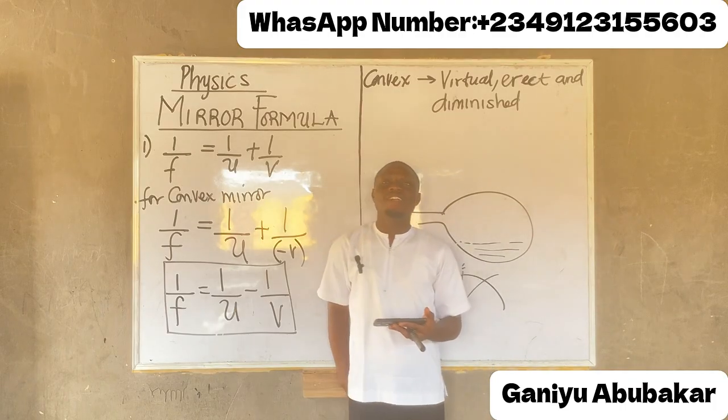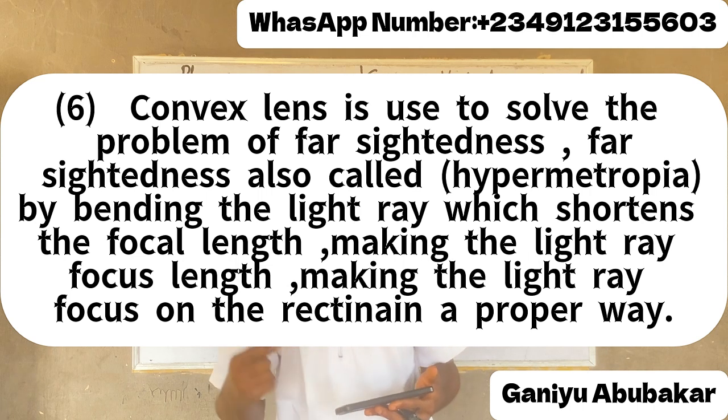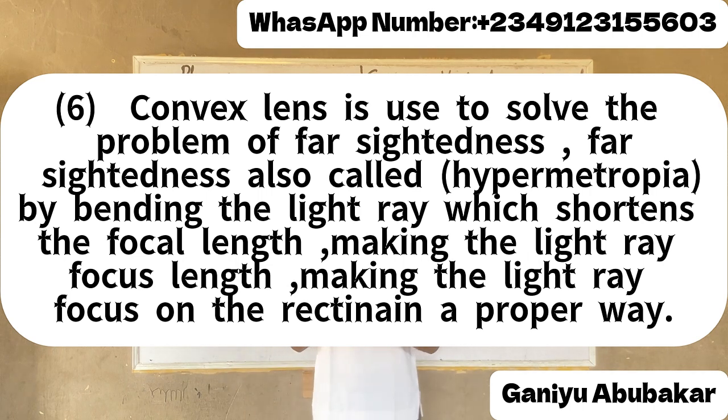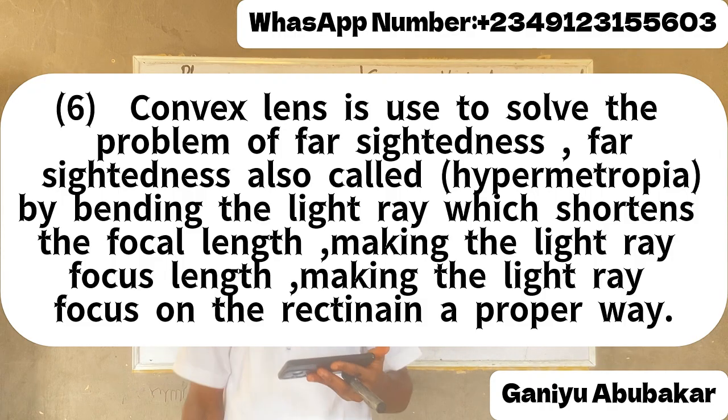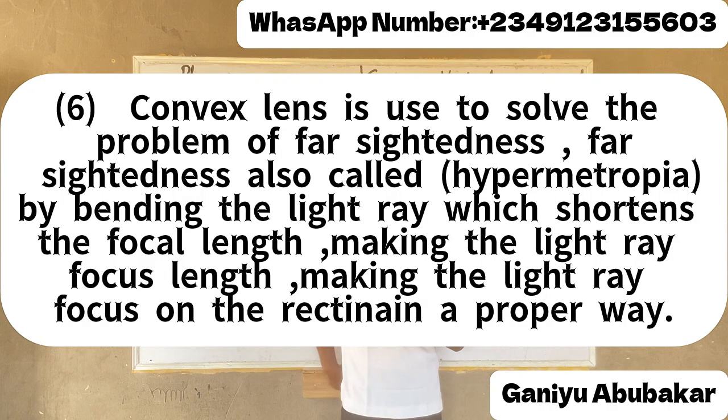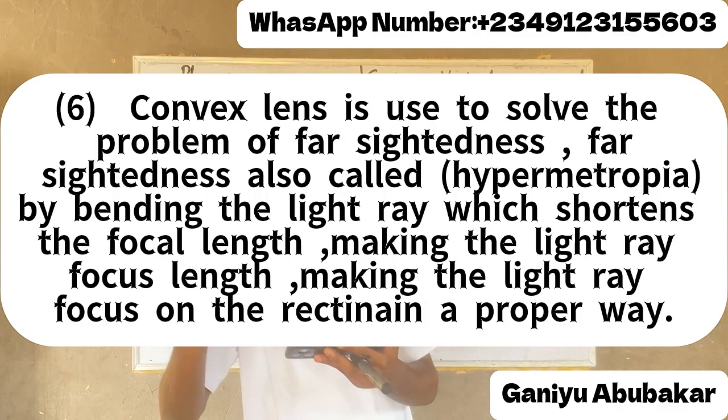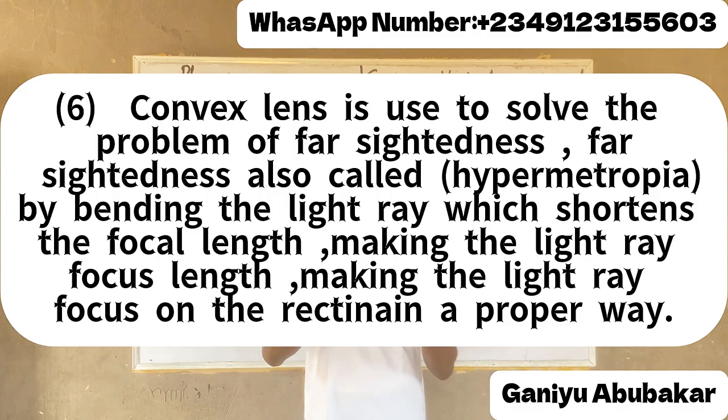Number six. A convex lens is used to solve the problem of far-sightedness, also called hypermetropia.